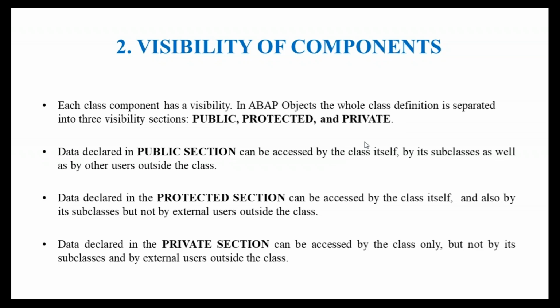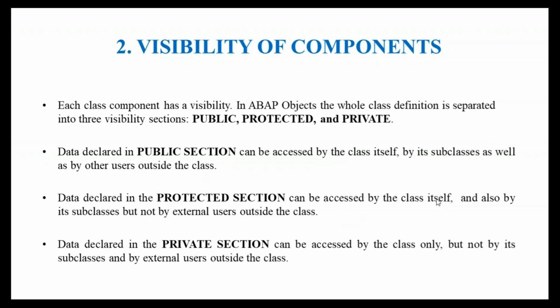The visibility sections of a class will be in the definition part of a class. In the definition part, we can declare everything under the public section, protected section, and private section. If you declare anything in the public section, it can be accessed by the class, its subclasses, and outside the class also.